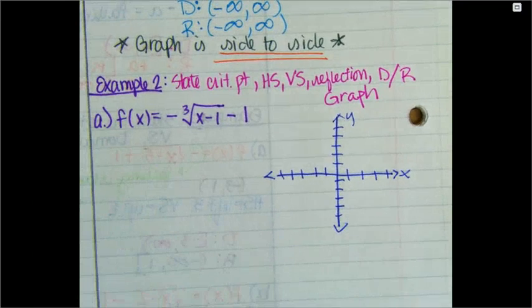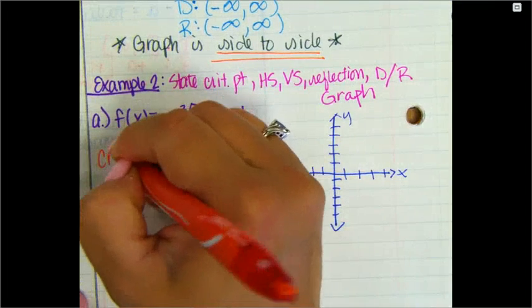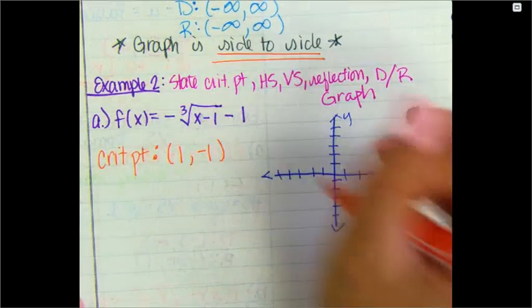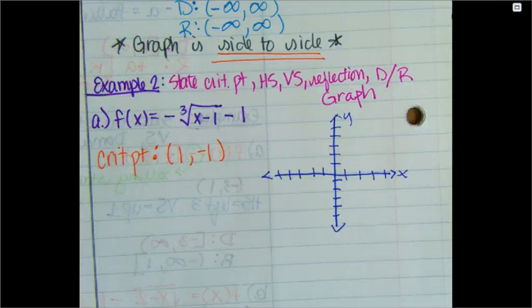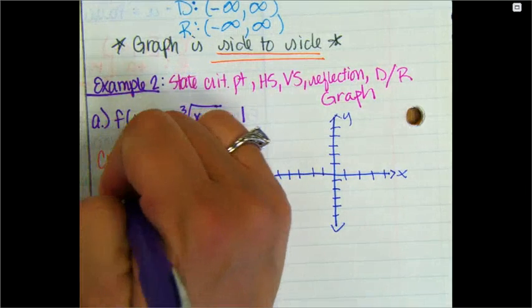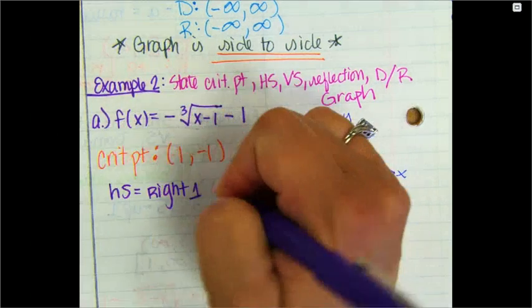What is your critical point? 1, -1. Good. What is your horizontal shift? Right 1. What is your vertical shift?